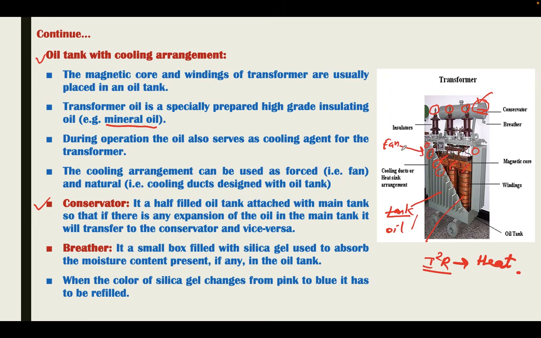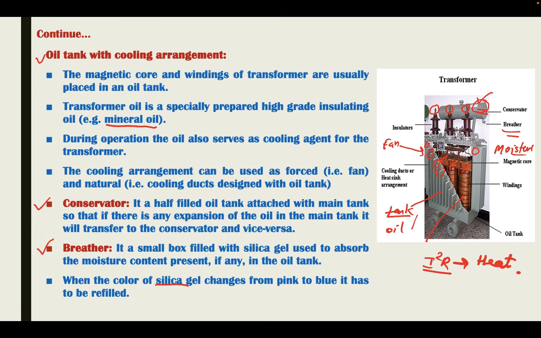Now the breather. There is one more component associated with the transformer tank, that is the breather. The breather is another small tank in which silica gel is filled, and the purpose of having this silica gel is to absorb the moisture content, because in the case of a transformer, moisture is the major challenge.